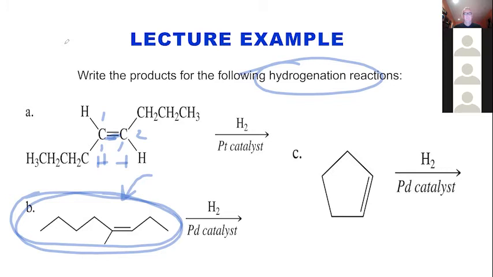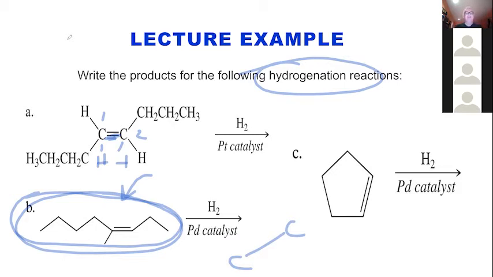You just add another diagonal line. Actually, we don't add anything. Because remember, diagonal lines in a skeletal structure indicate a carbon-carbon bond. So if I make a line, that indicates there's a carbon on one side and a carbon on the other. So I'm not adding any more carbons, so I can't draw any more lines. So just remove the double bond. Exactly. I just get rid of the double bond and then I'm done.